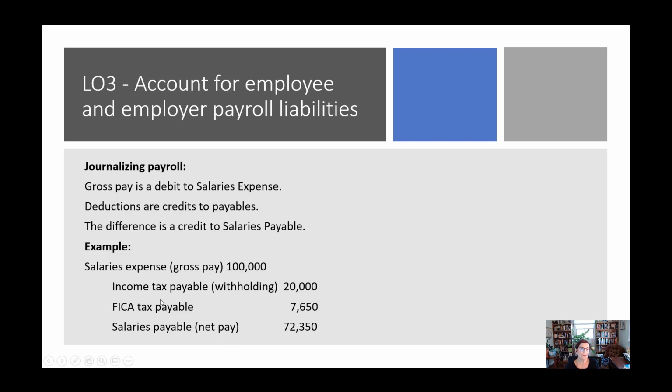So we have salaries expense being debited for gross pay. These are payables. They're current payables, so you're going to have to pay your income taxes to the government, FICA, which is the Social Security and Medicare, and then the net pay is credited to salaries payable, and that's the amount of money that will actually get paid out to the employees.